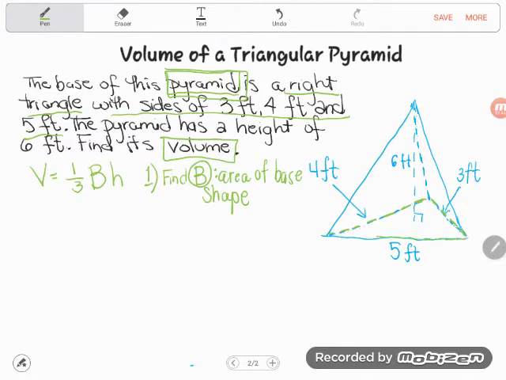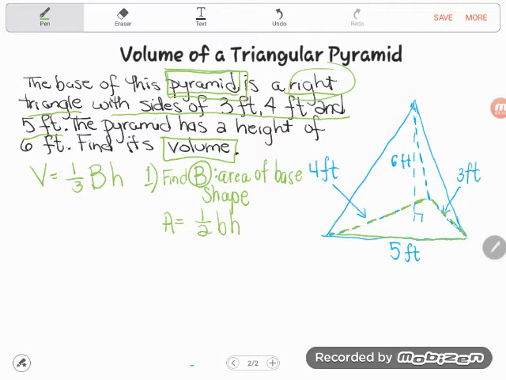And don't miss the fact that they told us this was a right triangle, because that's going to come into play. If you look at the GED formula sheet, area is up in the top section. Under area of a triangle, it says A equals 1/2 of base times height. When I say base and height here, I'm talking about the base and height of the triangle, not the pyramid.